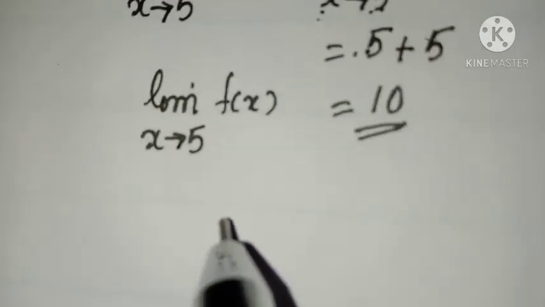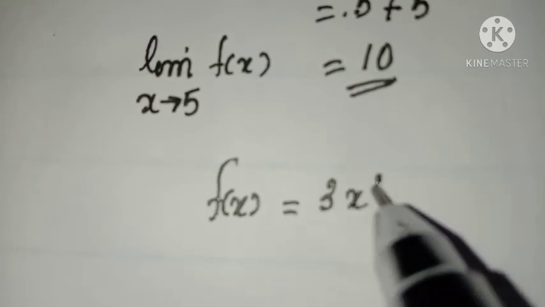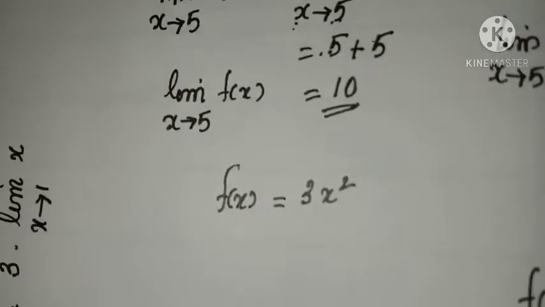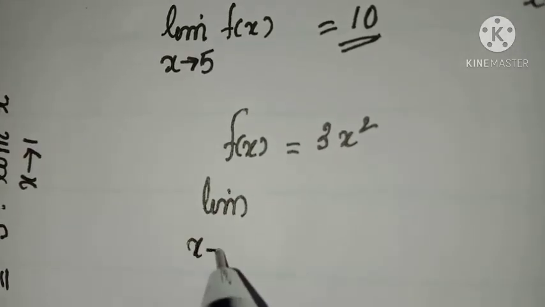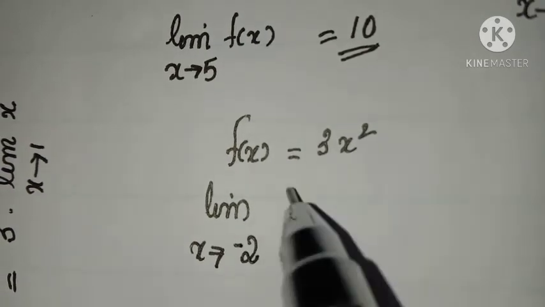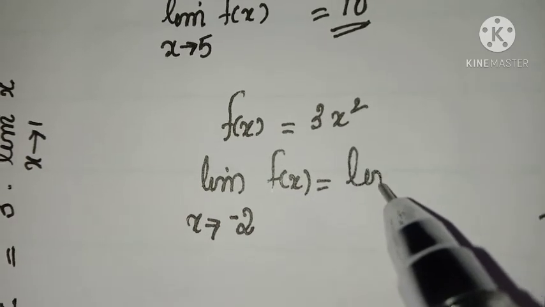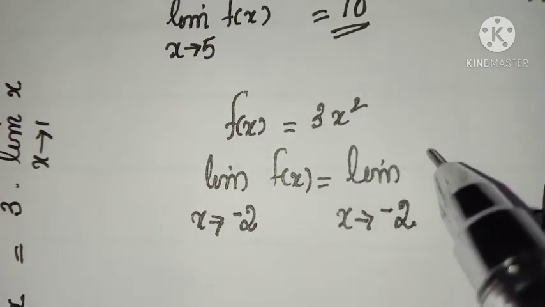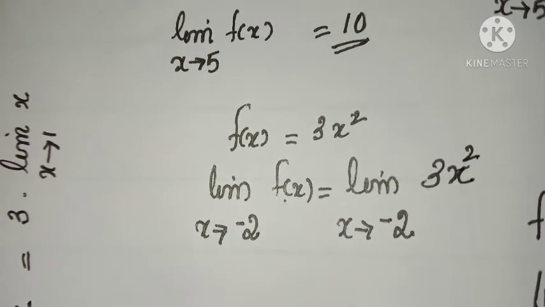Suppose we have another function f of x equal to 3x square, and we want to find the limit x tends to minus 2 f of x. What is f of x? F of x is 3x square.